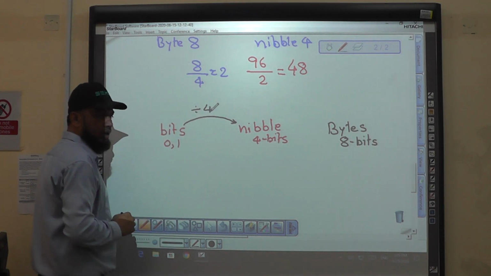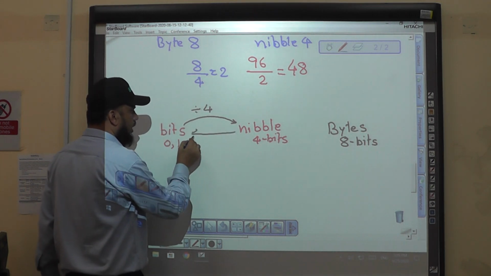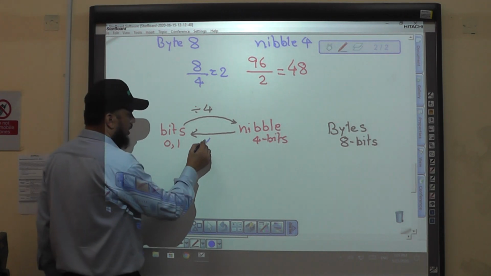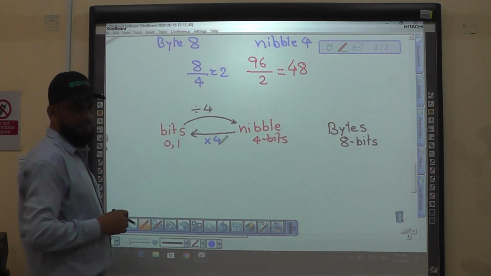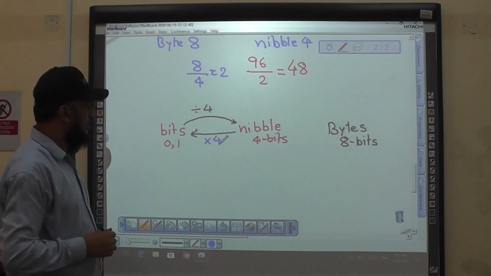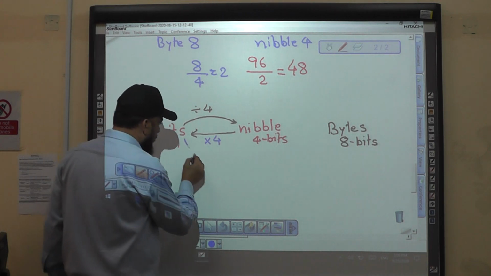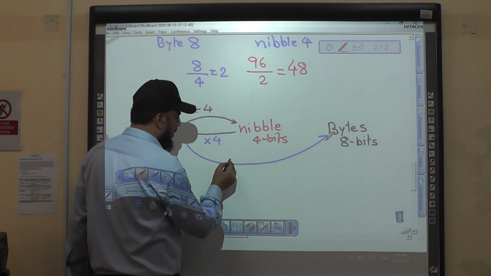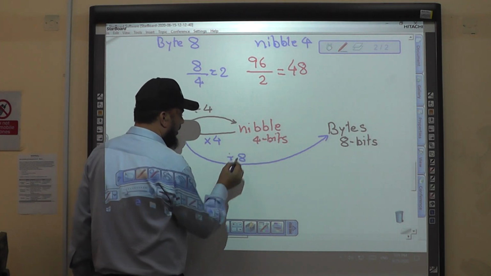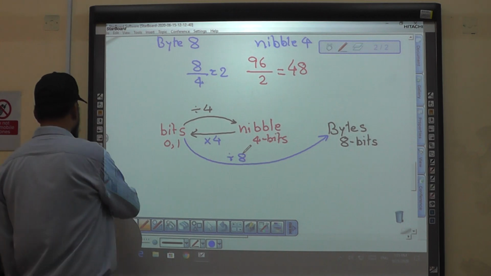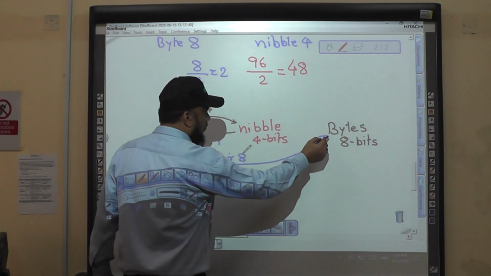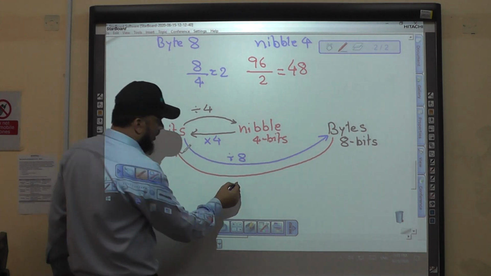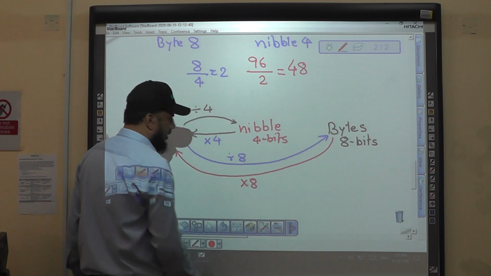Or if I need to change from nibbles to bits, we need to multiply by 4. Or from bits to bytes, divide by 8, or from bytes to bits, we have to multiply by 8.